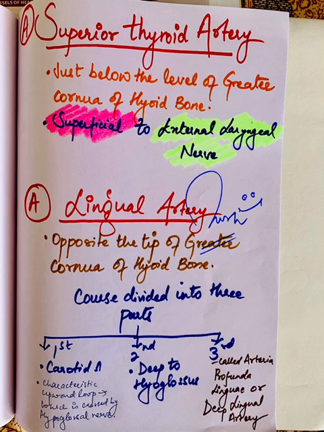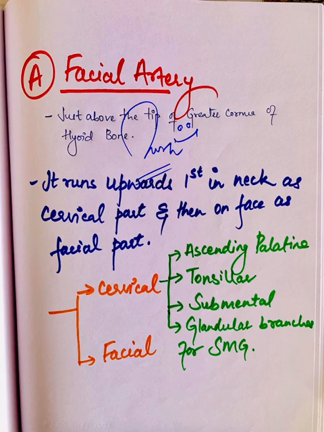In the carotid triangle, there is one characteristic upward loop, which is crossed by your hypoglossal nerve. Many times they have asked this MCQ. So it is the hypoglossal nerve. The second part of your lingual artery is deep to the hyoglossus, and the third one is also known as the deep lingual artery.